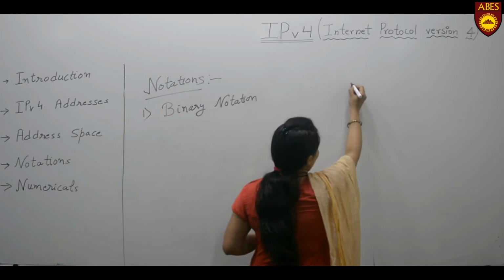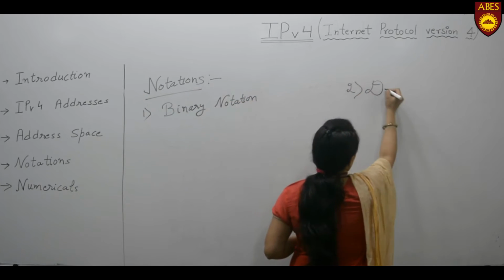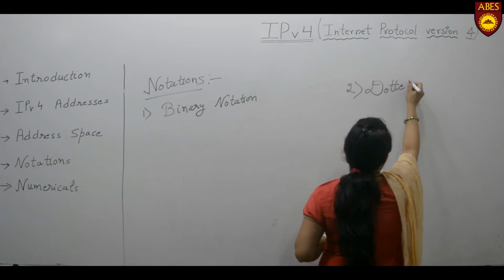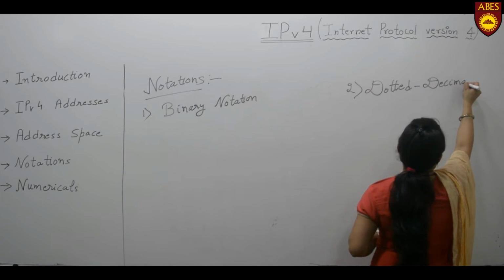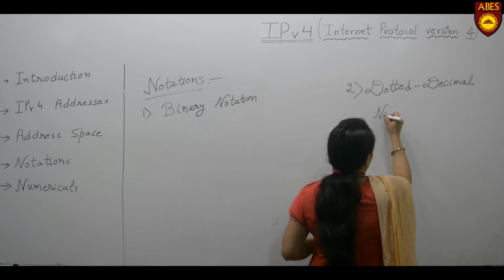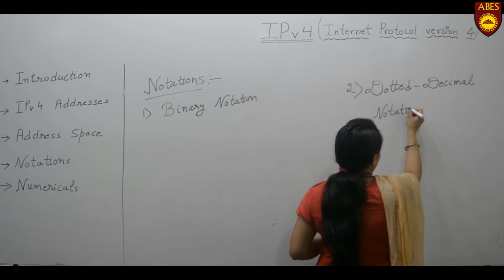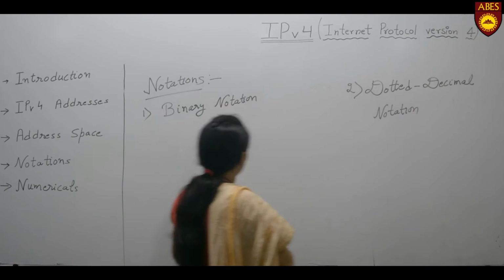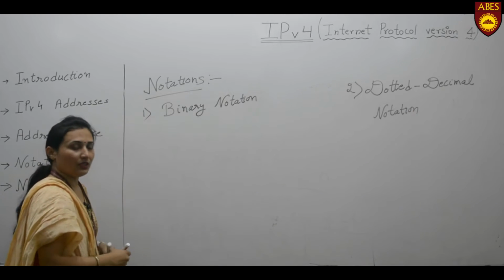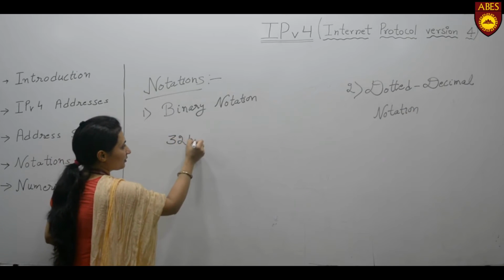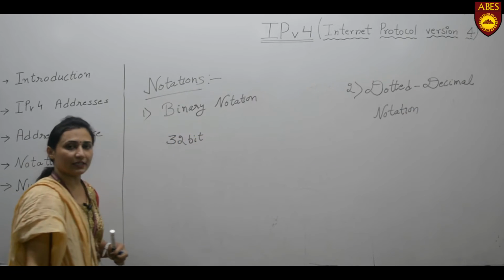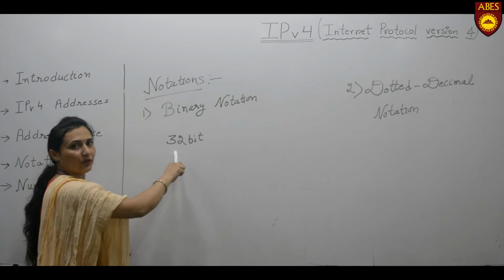And second is the dotted decimal notation. In binary notation, the IPv4 addresses are represented by 32 bits. That means there is a sequence of 32 0s and 1s.